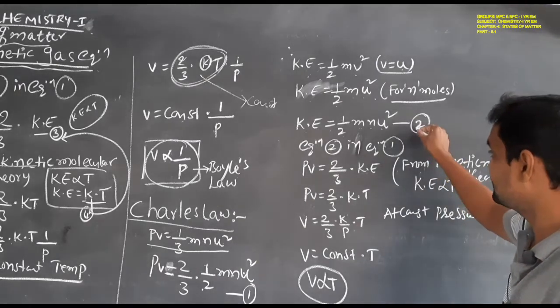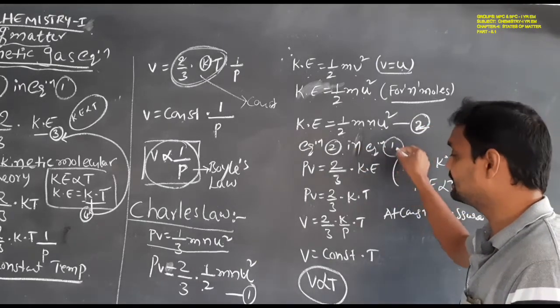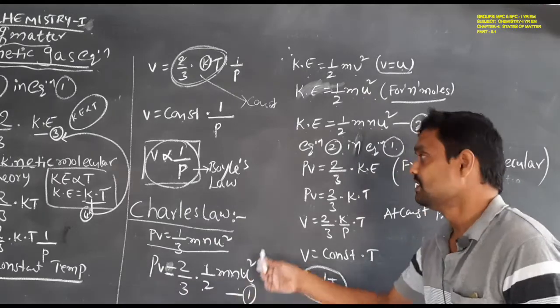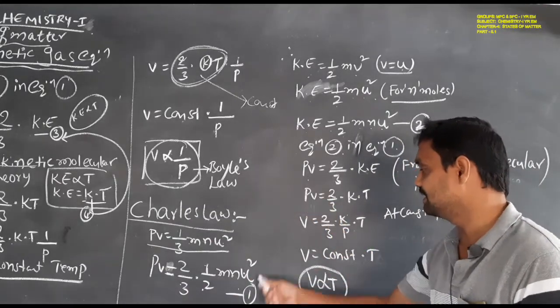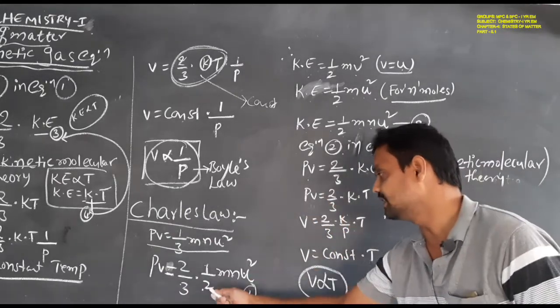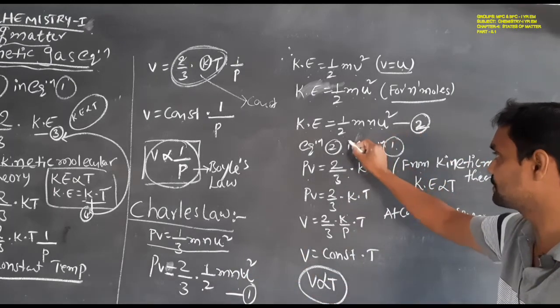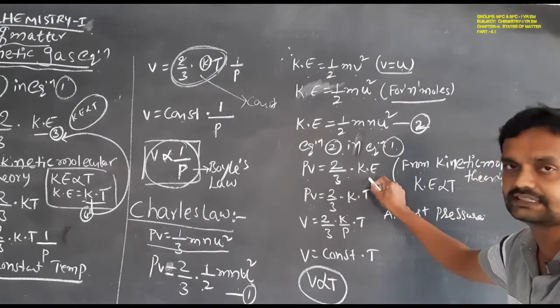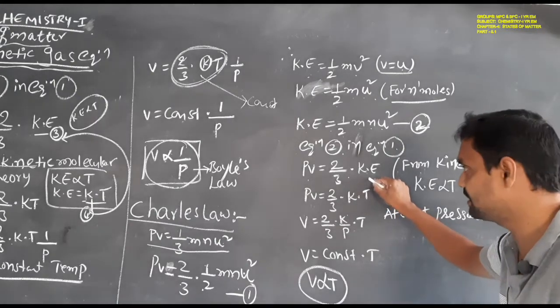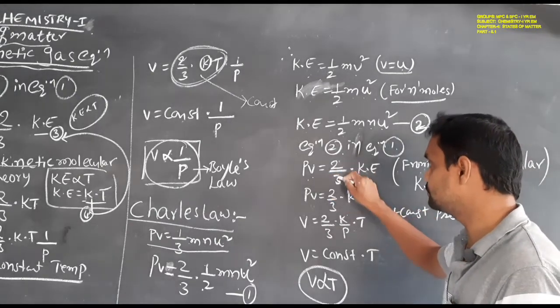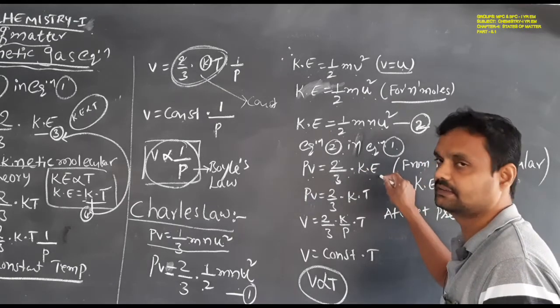Here equation 2 is substituted in equation 1. So PV equals 2 by 3 into half mn u square. In place of half mn u square we can substitute KE. Okay students, have you understood? In the same way, PV equals 2 by 3 into KE.